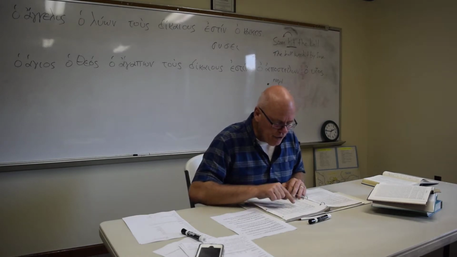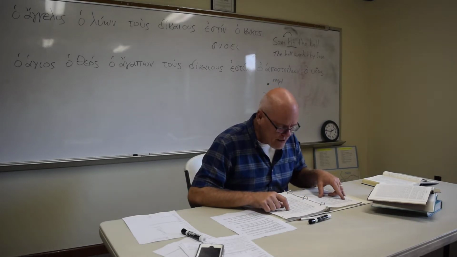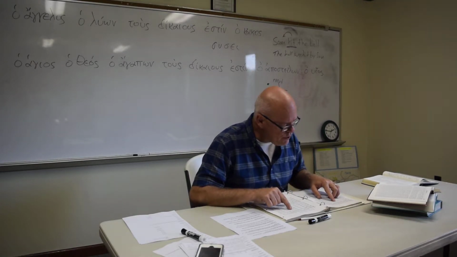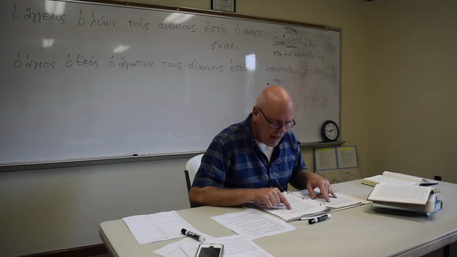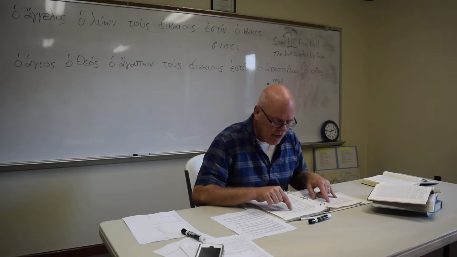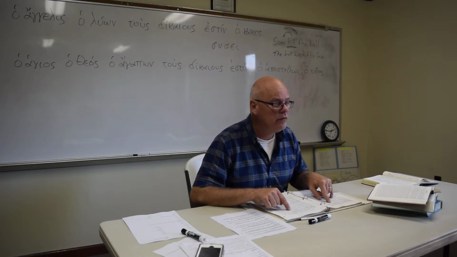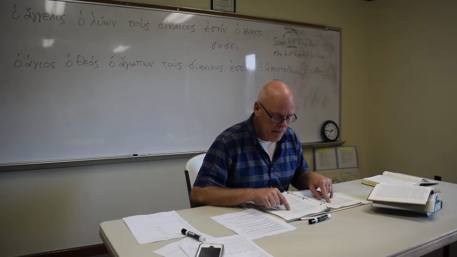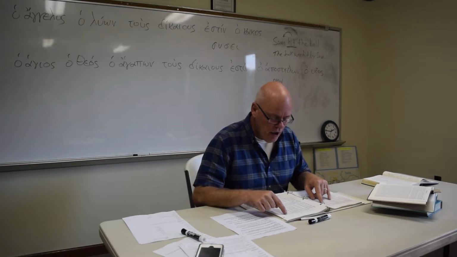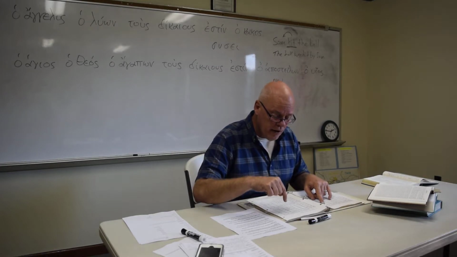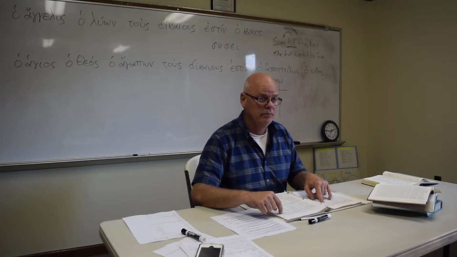And then on the present, the only difference between your active and your middle is that you're going to have a thematic vowel omicron, where in the active you don't have any kind of a thematic vowel. And then the ending, instead of using an IME ending, you're going to be using a first or second declension ending.